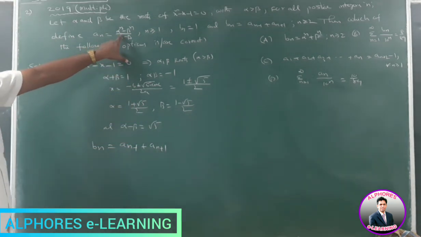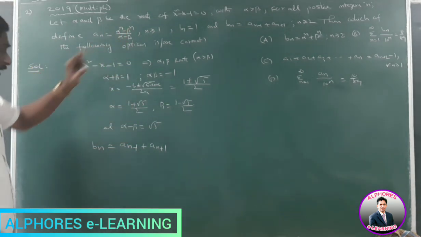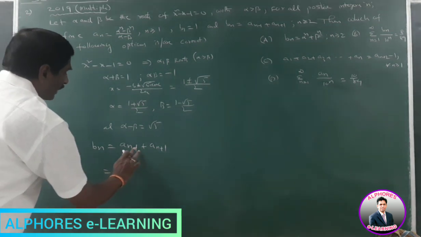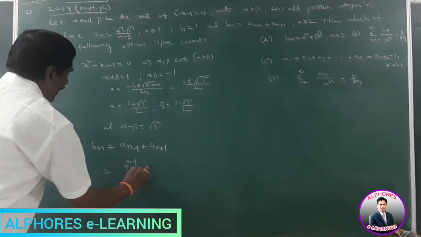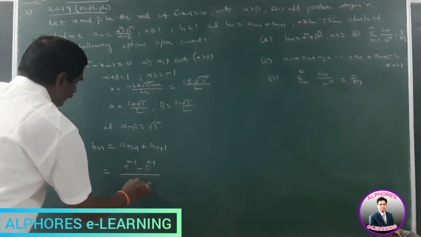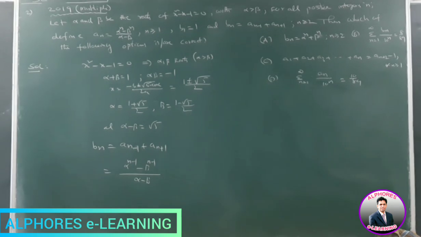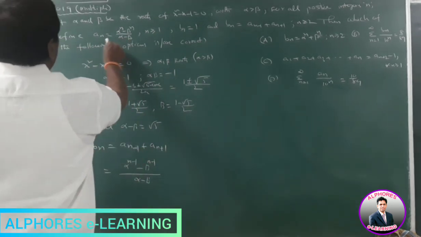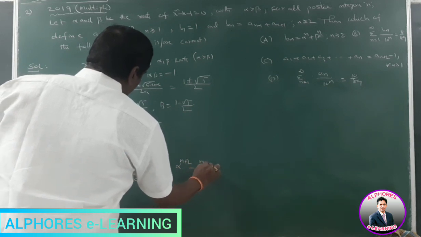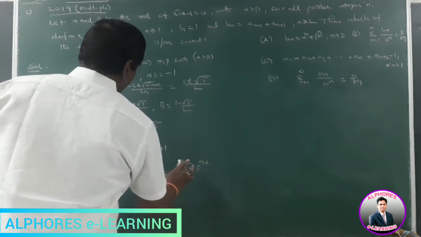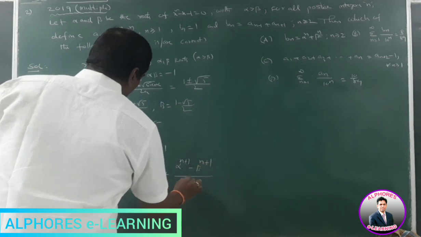But an is equal to alpha power n minus beta power n by alpha minus beta. That is equal to alpha power n minus 1 minus beta power n minus 1 by alpha minus beta, plus a suffix n plus 1 means alpha power n plus 1 minus beta power n plus 1 by alpha minus beta.